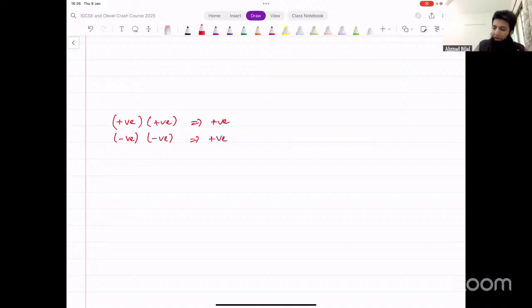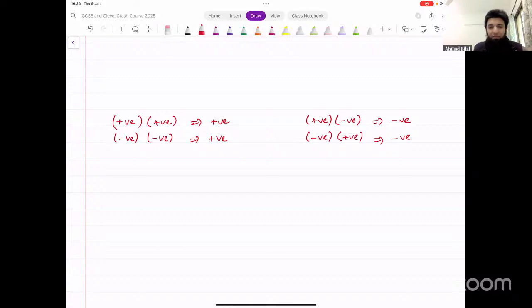On the other hand, if one of the numbers is positive and the other is negative, or the first is negative and the second is positive, the output that you get is going to be negative.